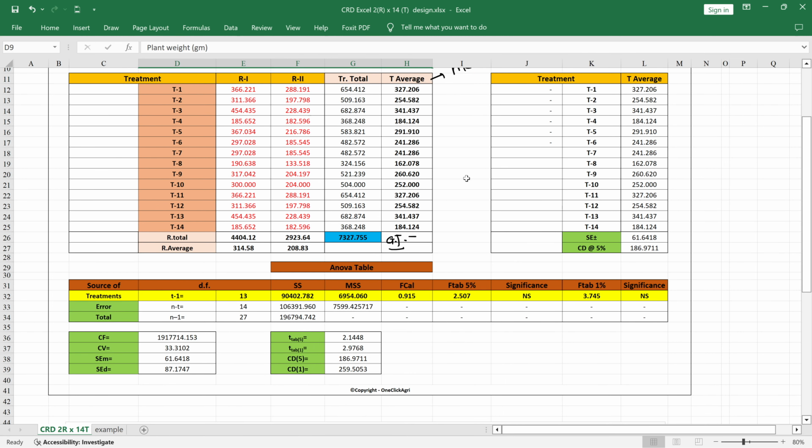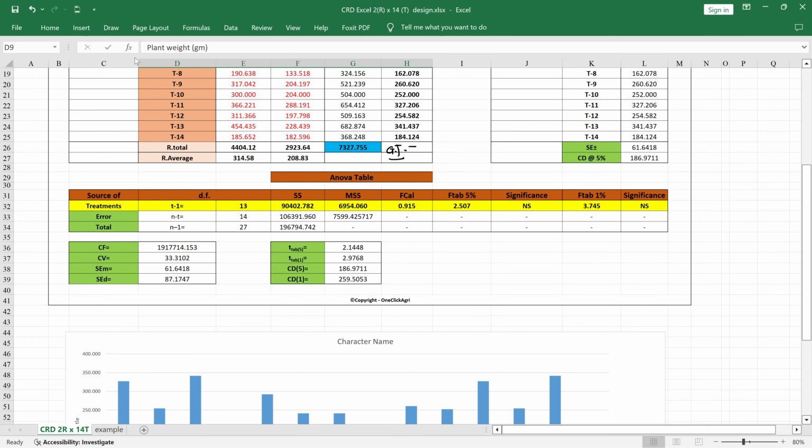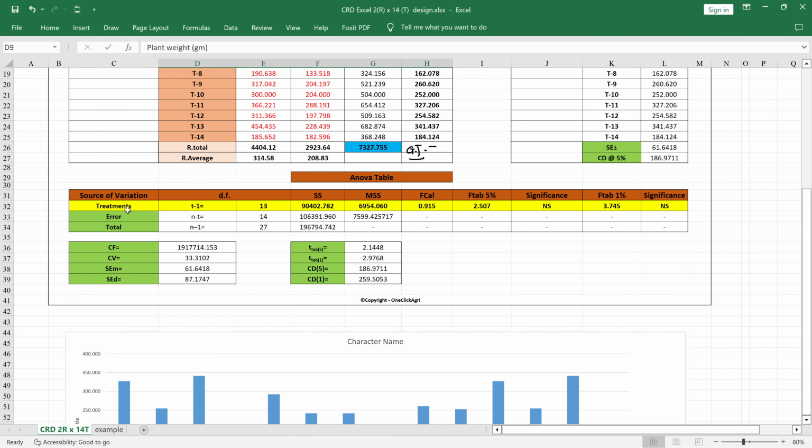In this design the very important table is the ANOVA table. You can see here the ANOVA table, you will get the source of variation. In the source of variation we have only 3 parameters. First is the treatment, then error, then total. Here you will get the degrees of freedom.